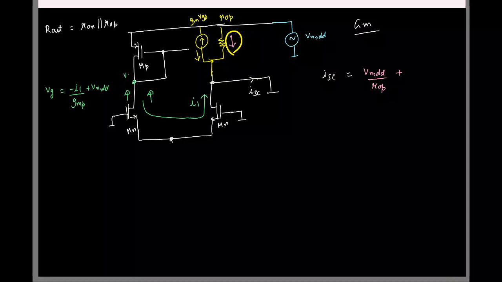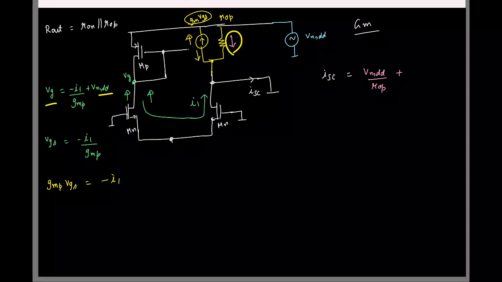This is Vg, right? So what is the gate to source voltage then for the PMOS transistor? Minus I1 by gmp, right? Because this is the gate, this is the source. So then what is the current here? This current is gm·vgs, so minus I1.